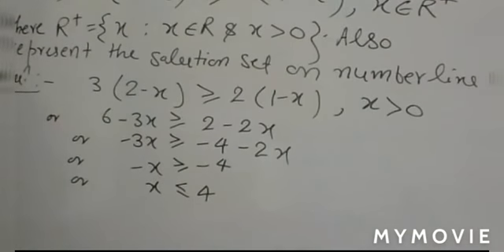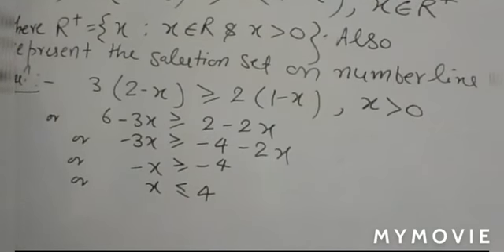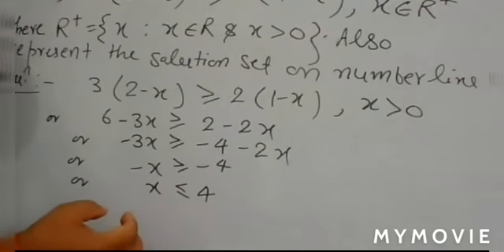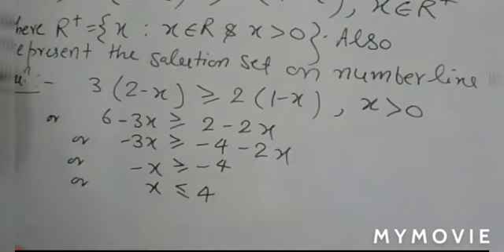What is the value of x which satisfies the given condition? Here you have x less or equal to 4, and the given condition shows that x is greater than 0. So what does it mean? The value of x lies between 0 and 4.